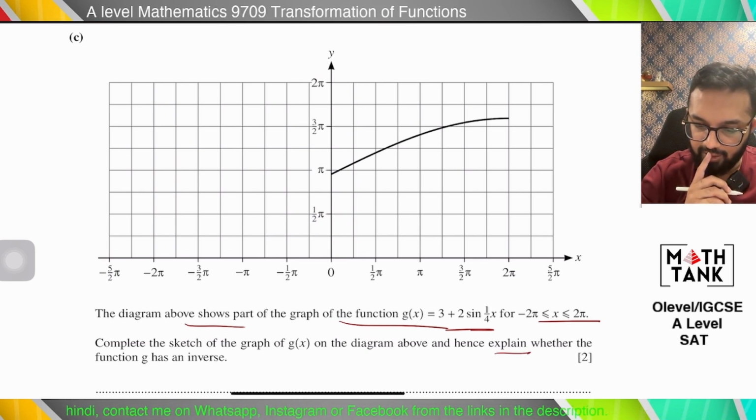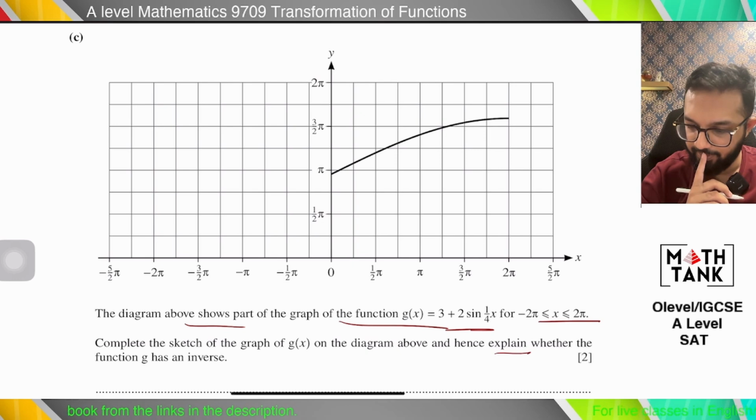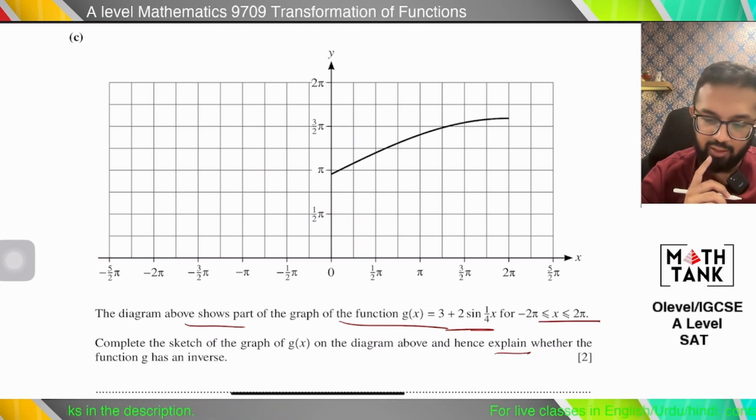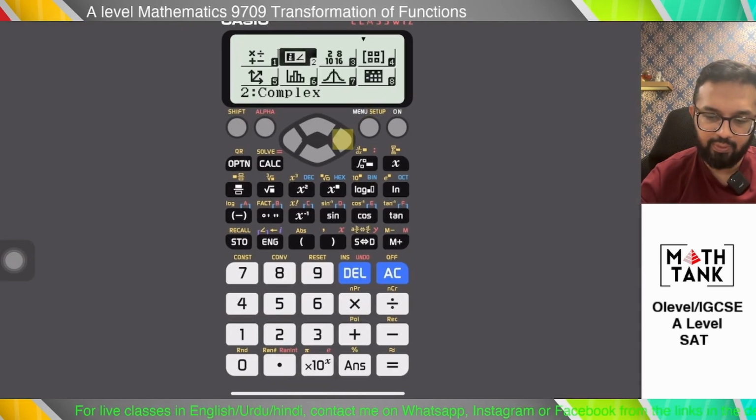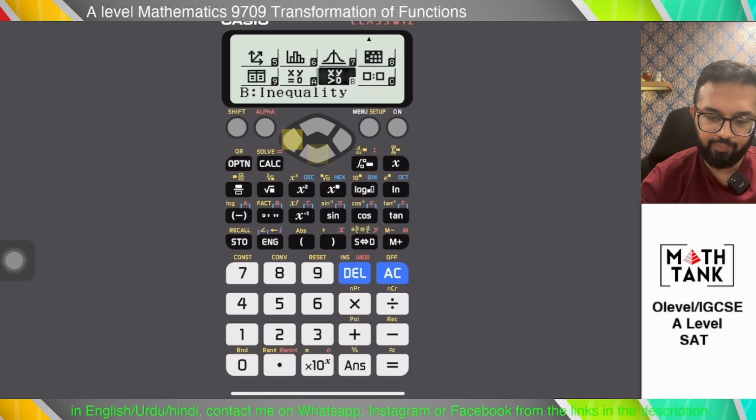I can also use my calculator here. The only problem is that I don't know the step. In fact, I should use my calculator, I think. Let's go and use our calculators. I have the table in front of me.